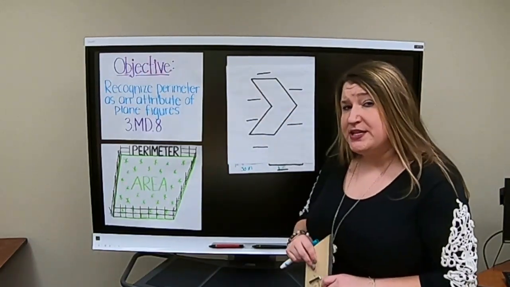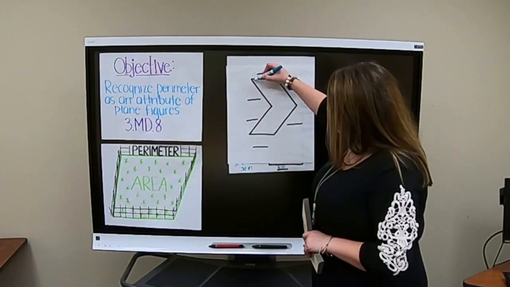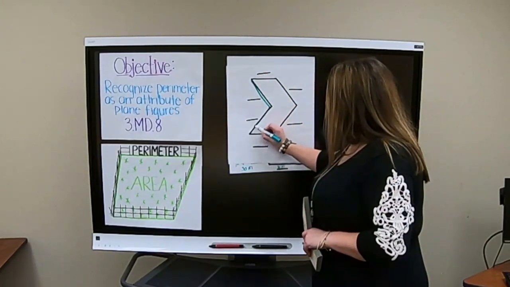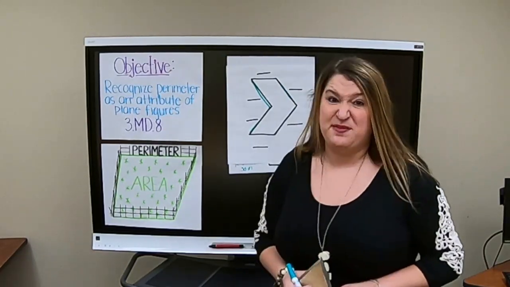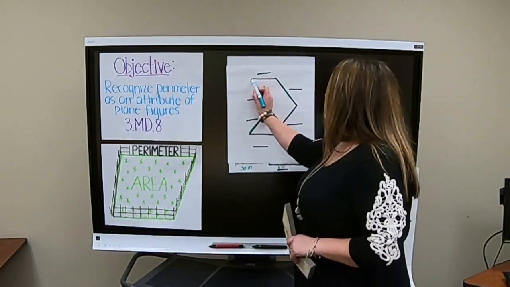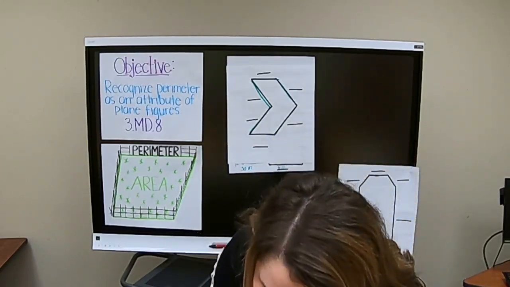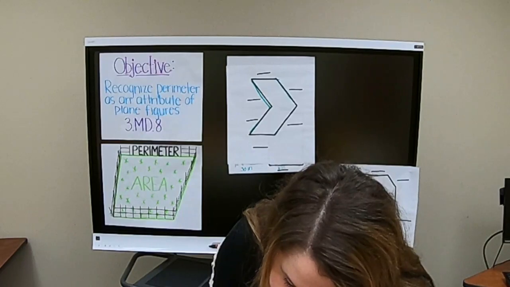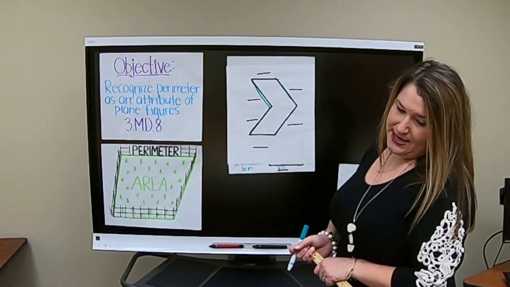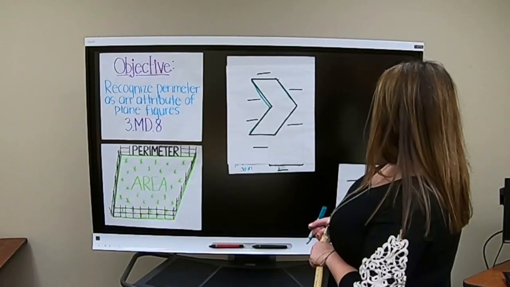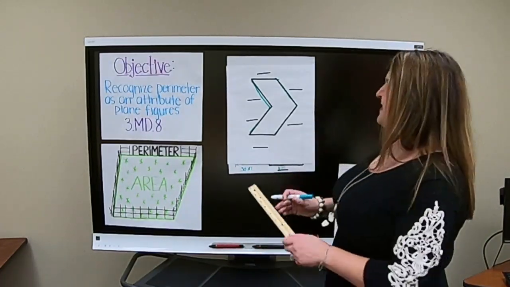Now, something that you're going to notice about this arrow is all of these sides, this one, this one, this one, and this one are all the same size. And then these two are going to be the same size. So let's measure my arrow, and let's do it in centimeters.